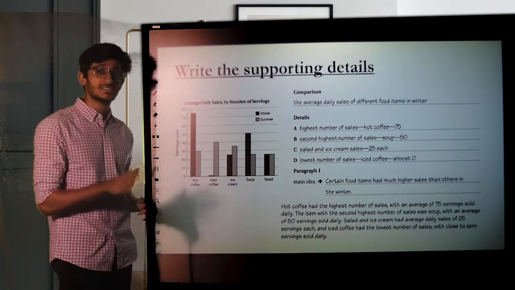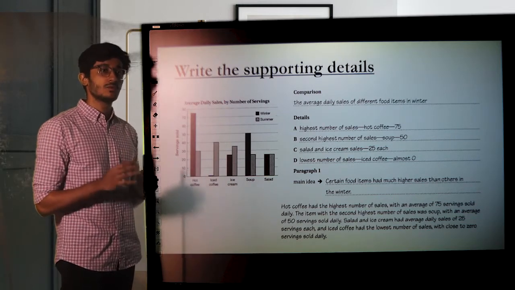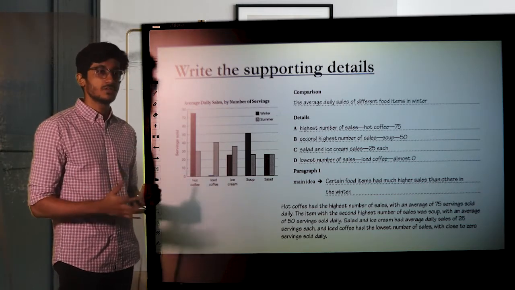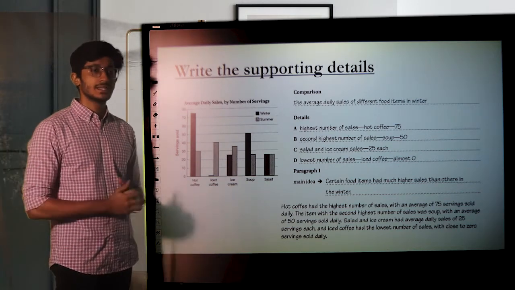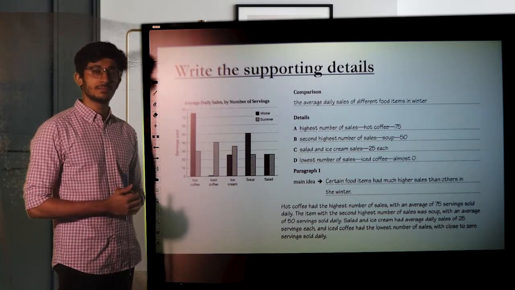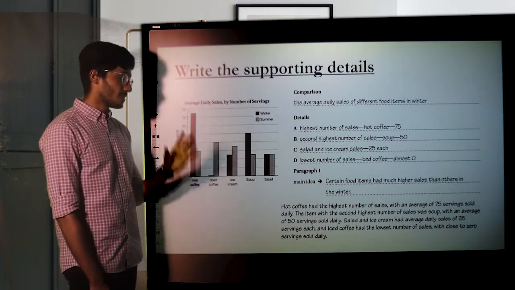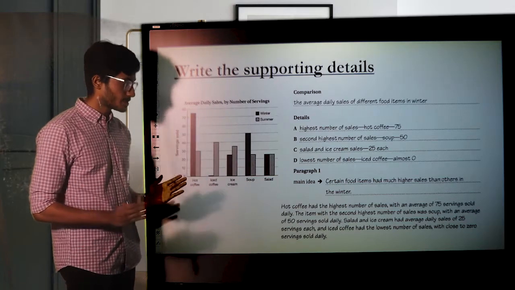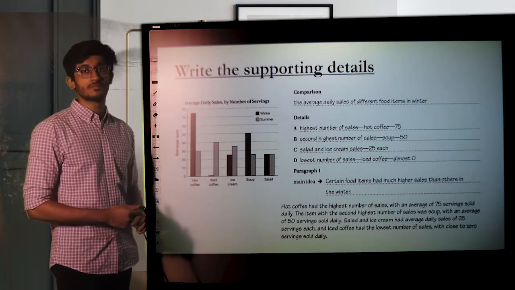This paragraph is very concise, and you have to be concise because you only have around 150 to 160 words. If you're planning to write more than that, you won't be able to finish within 20 minutes. So it's concise and to the point, but it's well written with proper punctuation and grammar, consisting of all the details that you have to mention.